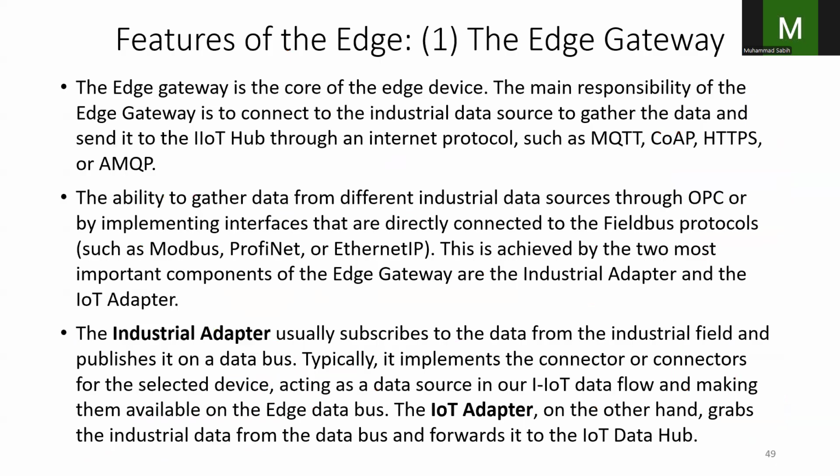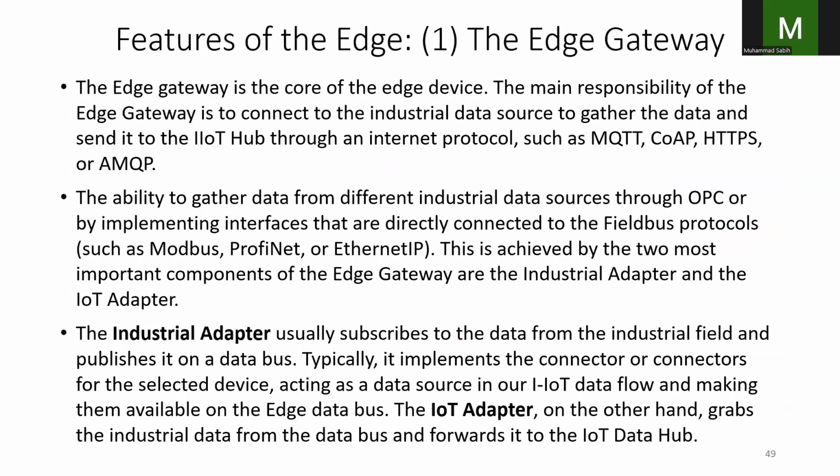Okay, so now we will discuss the first key component of the IoT Edge in detail. This is the Edge Gateway. The Edge Gateway acts as the central hub of the Edge device.